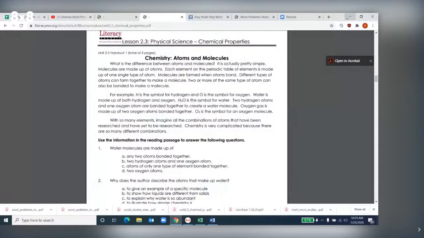Vocabulary word: symbol. A written sign used instead of words to represent something. Use the vocabulary word in a sentence. Symbols mean all types of things, okay?